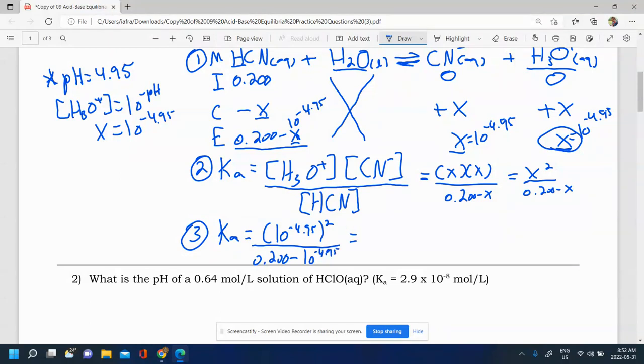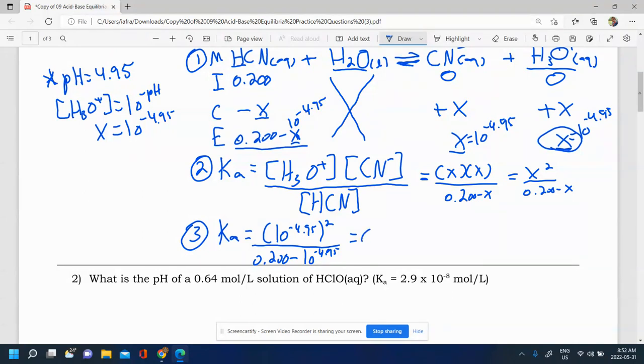And we get, so let's try this out in our calculator, 10 to the power of negative 4.95. Let's square that, divided by 0.200 minus 10 to the power of negative 4.95. And it's important that you try this in your calculator yourself because you need to get a sense of how your calculator works with the exponents.